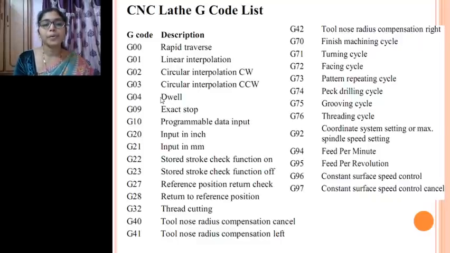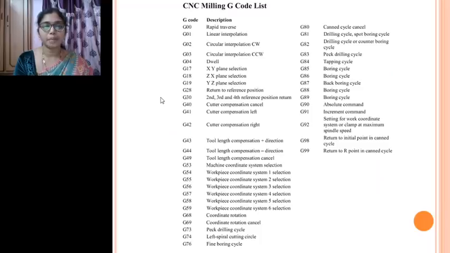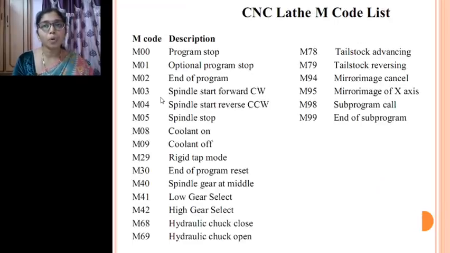So we have G codes which start with capital G, and we have M codes. M codes are nothing but miscellaneous codes. They give the machining conditions, like whether the machine has to start or stop, whether the coolant has to start or stop, or if you have to end the program.